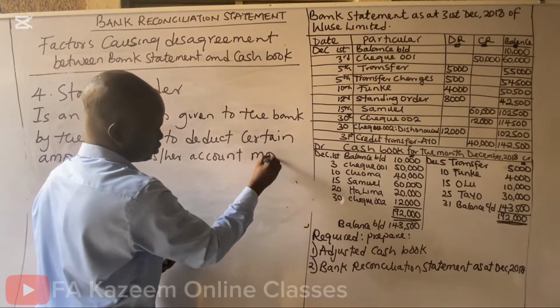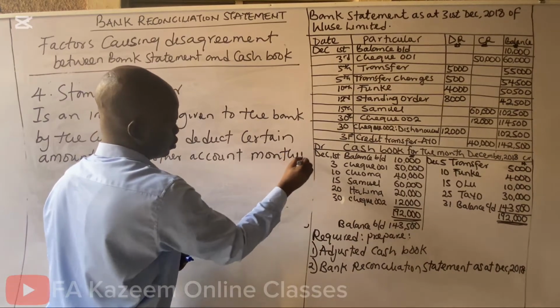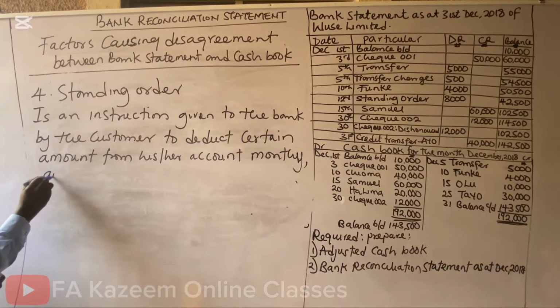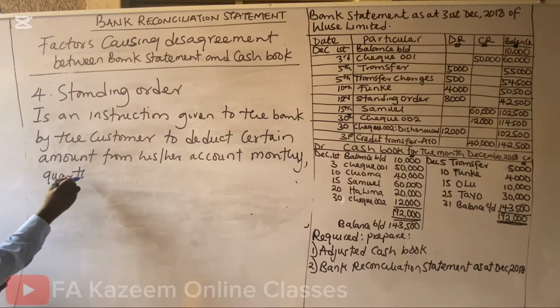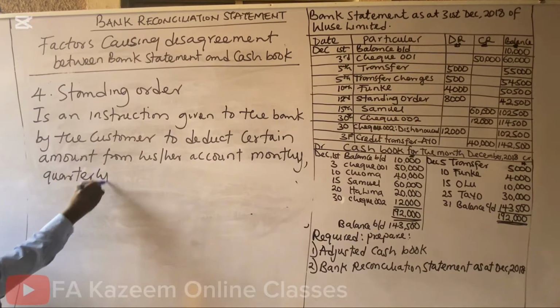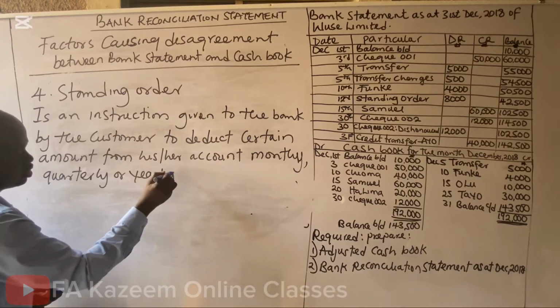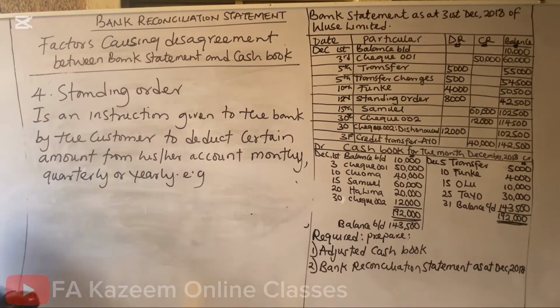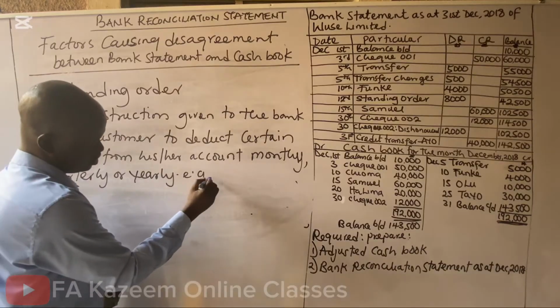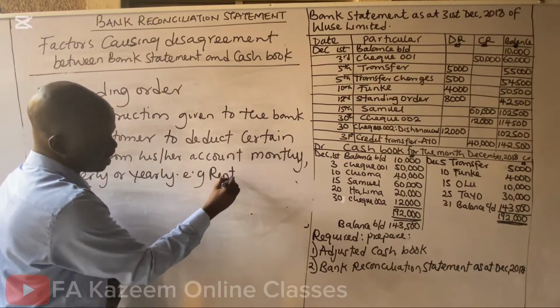monthly, or quarterly, or yearly. E.g., it may be a monthly payment or a yearly payment for rent.